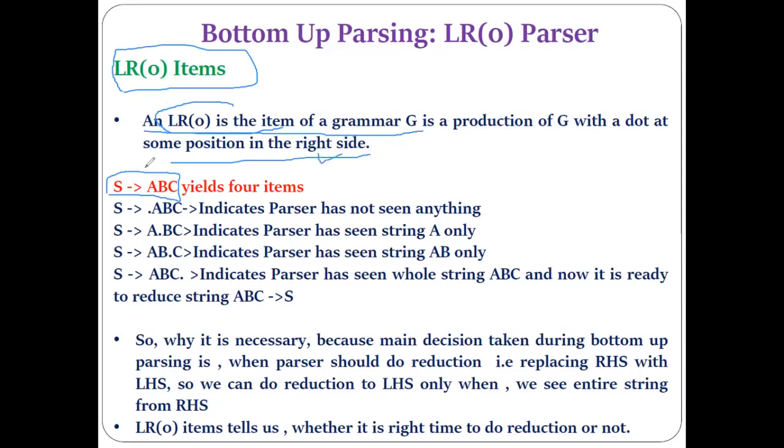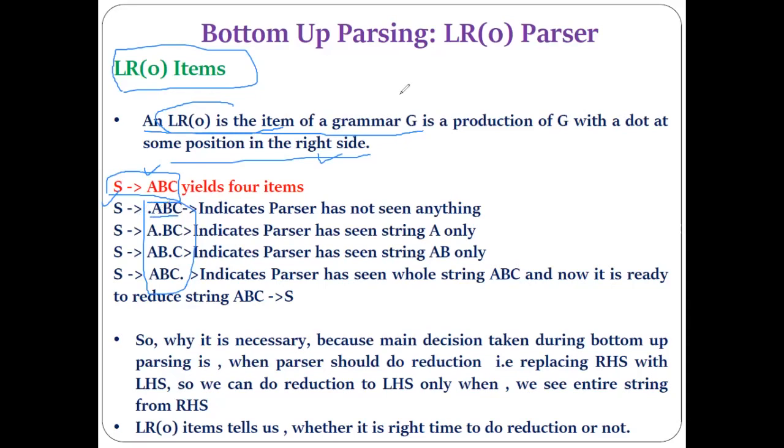In the example, S derives ABC. This is the left hand side of the grammar and this is the right hand side. Now if you put the dot at the starting point of the right hand side ABC, then this becomes an LR0 item.